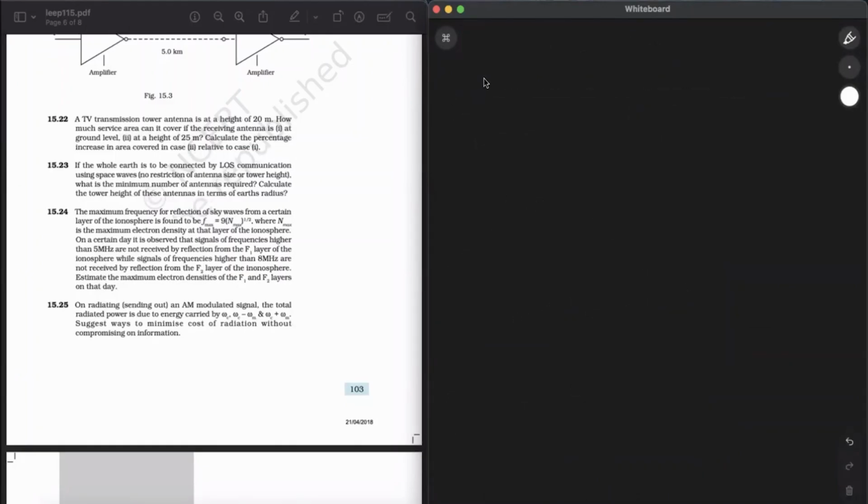So for the F1 layer, it was 5 megahertz maximum frequency. So 5 into 10 raised to the power of 6 is equal to 9 N max to the power 1 by 2. This is for layer 1.